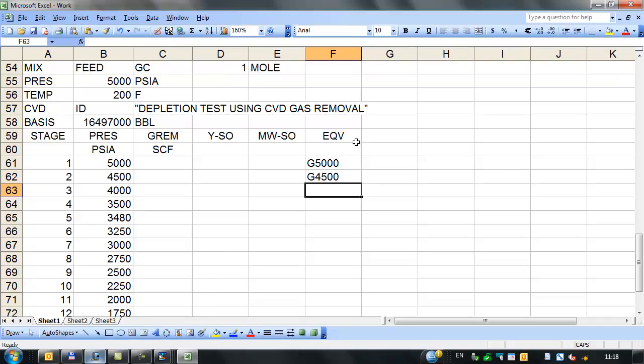Of course, these are all going to be the same down to the dew point, so we don't really need those. But when we get down to the saturation pressure, which was approximately 3480.8.